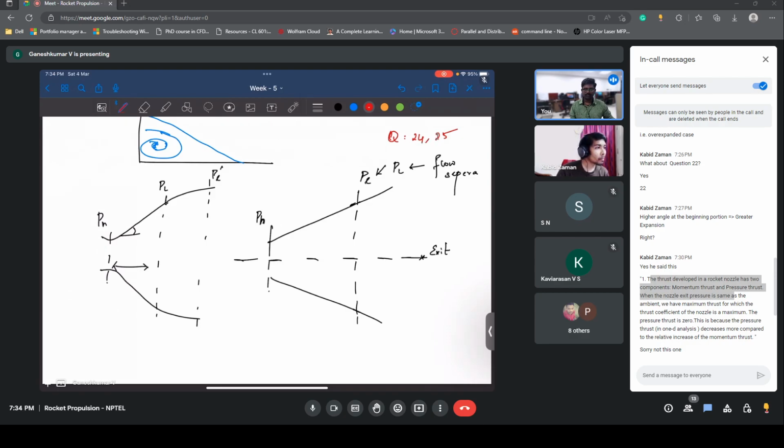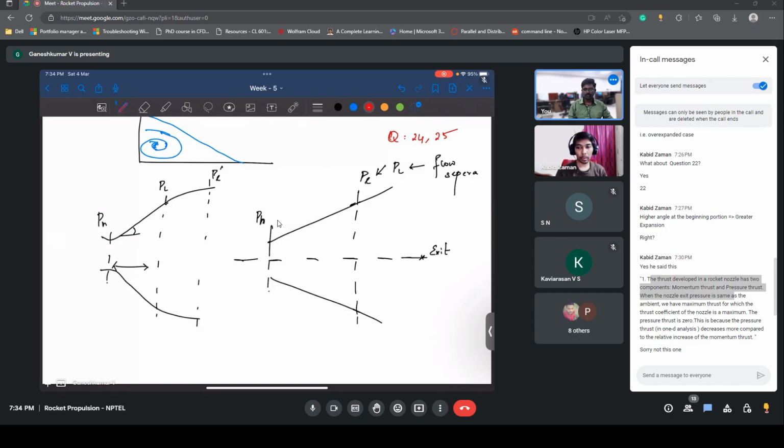A contour nozzle developed with optimum expansion at ambient pressure. The test facility ambient pressure is 0.02 megapascal. So the nozzle is going to expand for 0.01 megapascal, but my ambient pressure is 0.02 megapascal, right? So basically, I'm going to have an over expanded nozzle. The thrust developed in the test facility will be greater, less, or equal to.